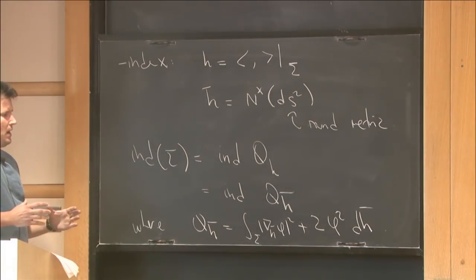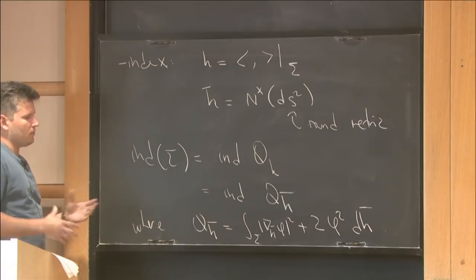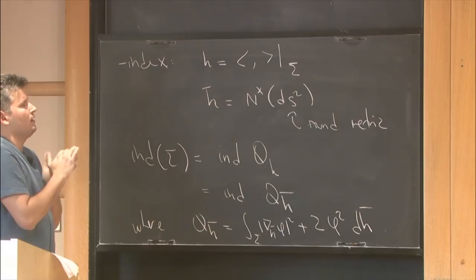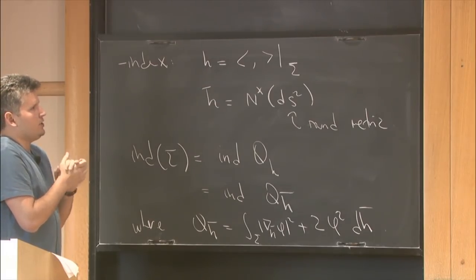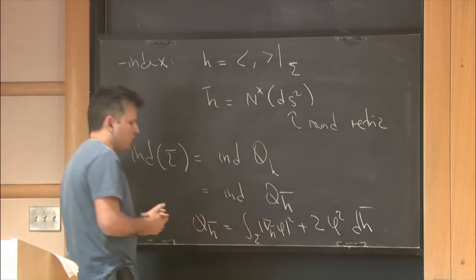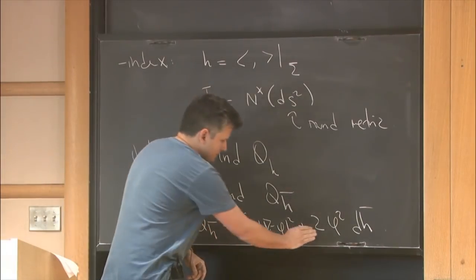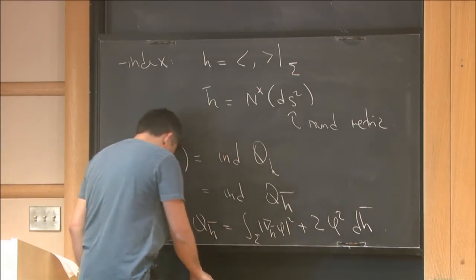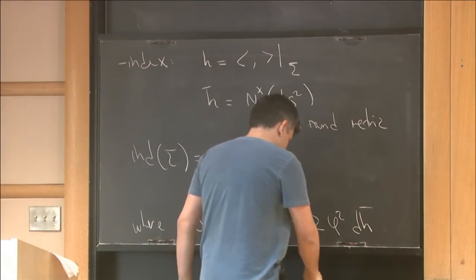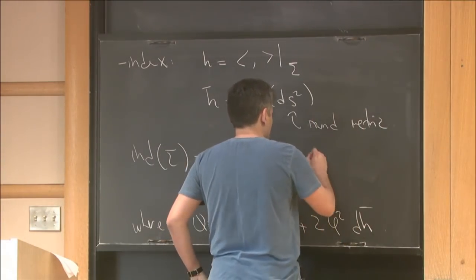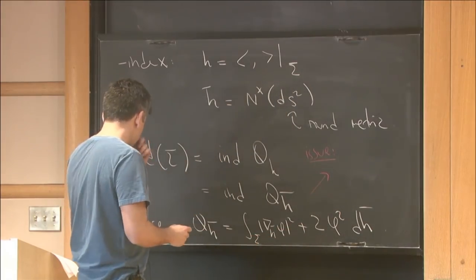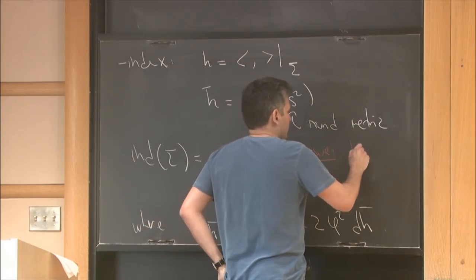So I'm transforming my problem from finding the index of some general quadratic form to a form with a constant curvature metric, and I'm interested precisely in the eigenvalues less than 2. It almost sounds too good to be true, and it is. There is an issue here, which is that this metric h bar, right? So branch points.